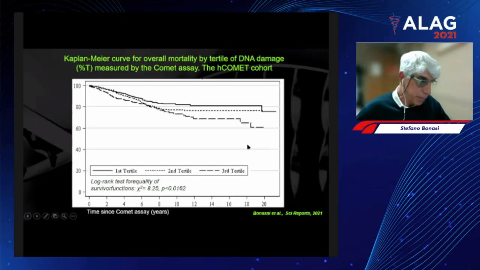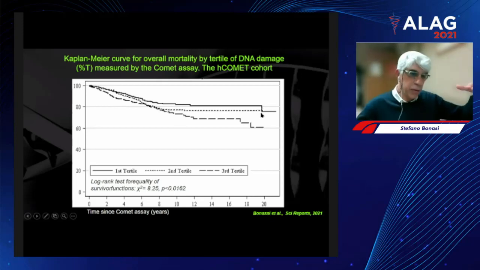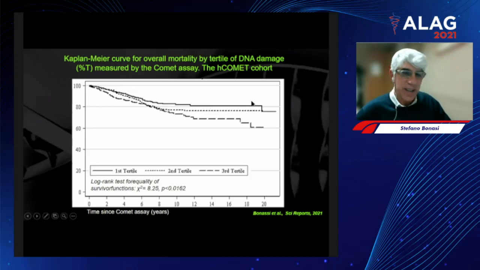The survival curves show clearly that subjects with the lowest level of DNA damage when they were healthy have a much higher probability to survive, whereas people with the highest level of DNA damage have the highest mortality, the lowest probability to survive. And these results are highly significant.